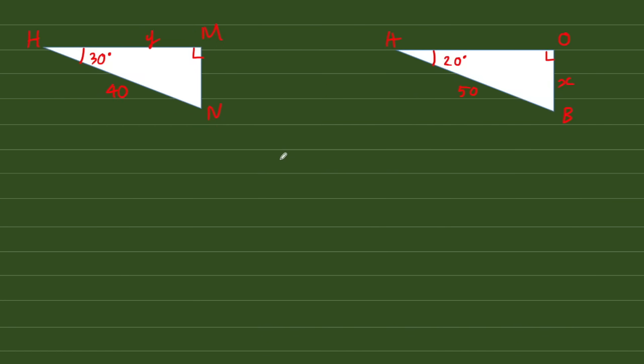Okay, the last 2 questions for this video. Don't forget to stop the video first and then play it when you have your answer. This is adjacent, this is the hypotenuse. You use cos 30 degrees equals adjacent divided by h.